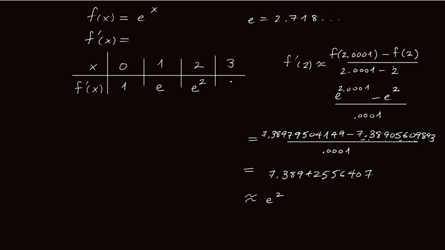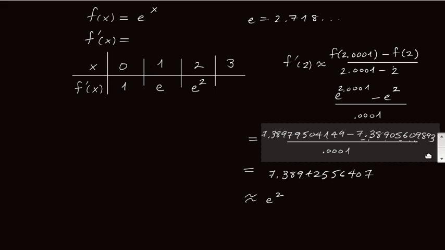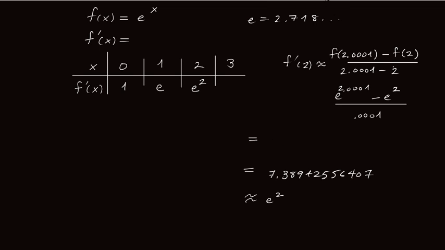Then we do the same thing for 3. After doing the same process, we'll get something like this: the ratio is going to be about 20.0875455773 minus 20.0855369232, divided by 0.0001.